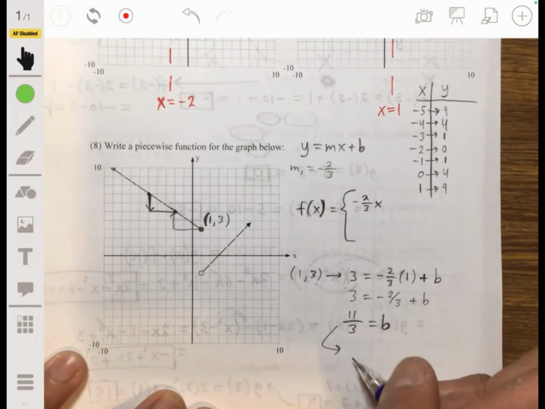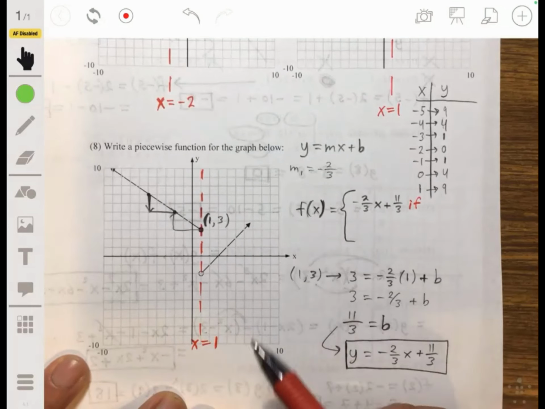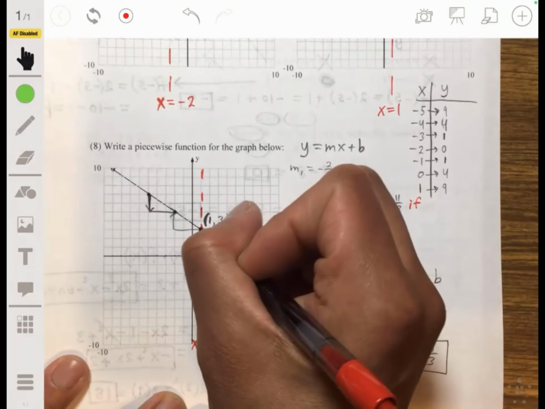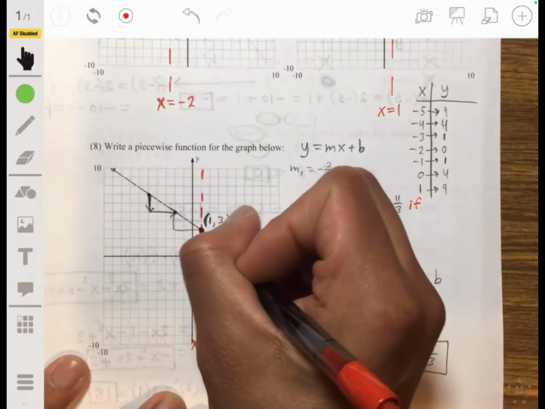So we're going to say if, remember, it only goes up to this line here. And this line is x equals 1. So it goes up to x equals 1. And since we have a solid dot there, we can say if x is less than or equal to 1.